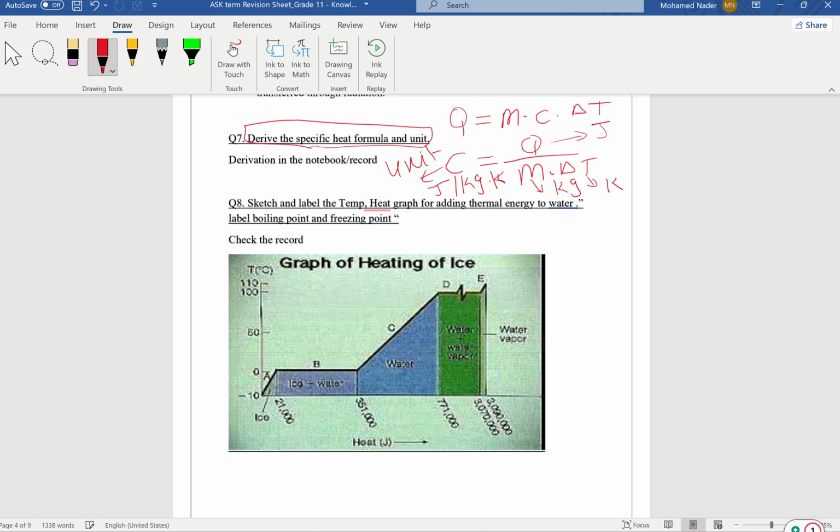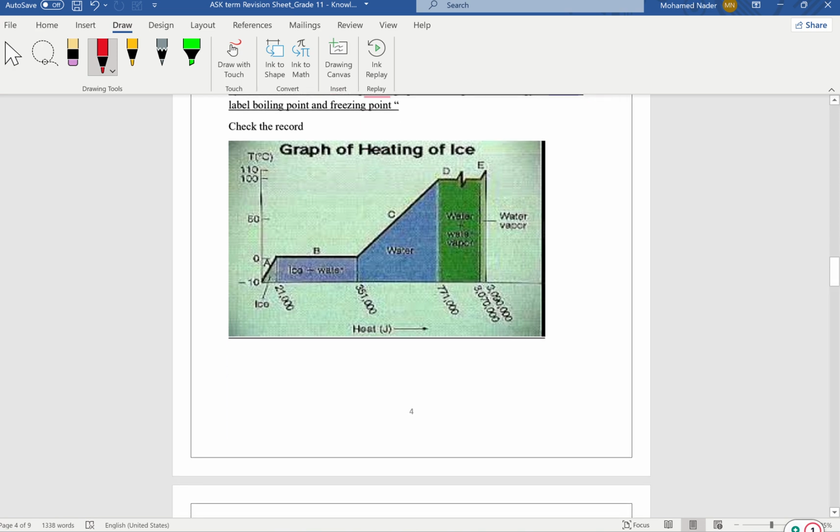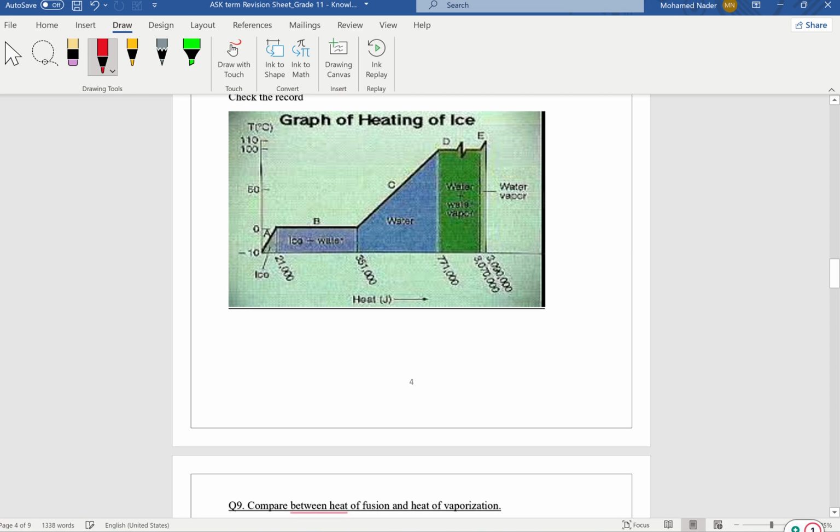Let's move on to an important graph. It is a relation between temperature and heat. According to this graph, we are starting from -10 until 110 degrees Celsius. As I told you earlier, whenever you have an ice, you keep it inside a cup of water or any glass.